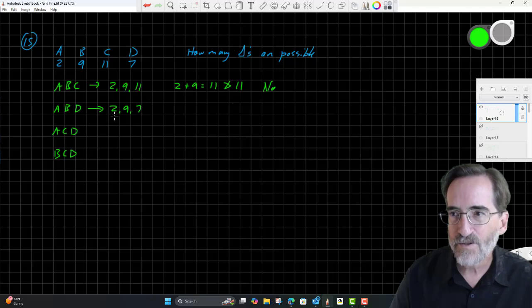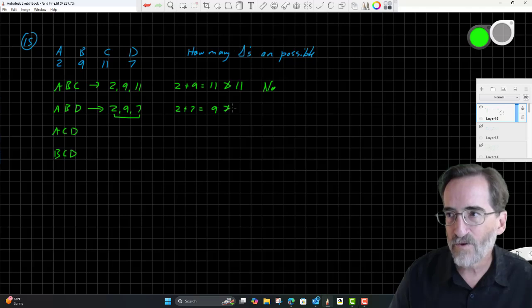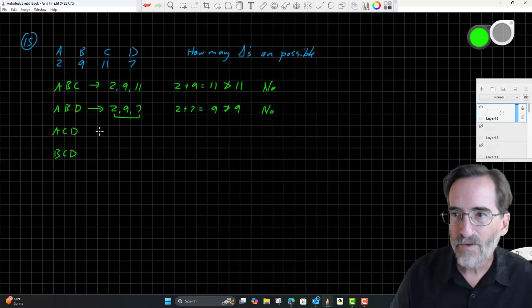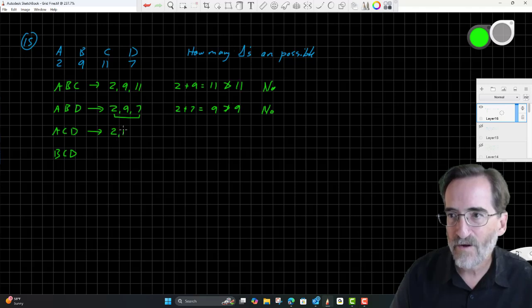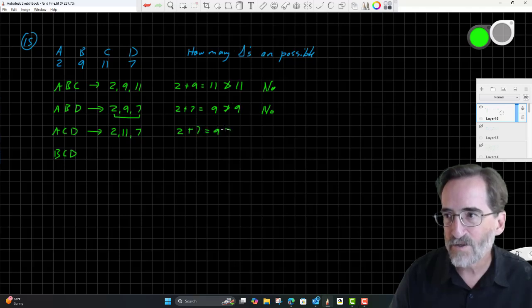Take the 2 smallest sides, 2 and 7. They equal 9, which is not greater than the 3rd side, 9. So this one is a no. ACD, 2, 11, 7. Take the 2 smallest sides, 2 plus 7. That equals 9, which is not greater than 11. So no.